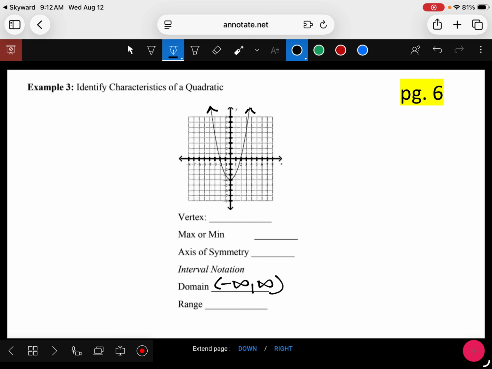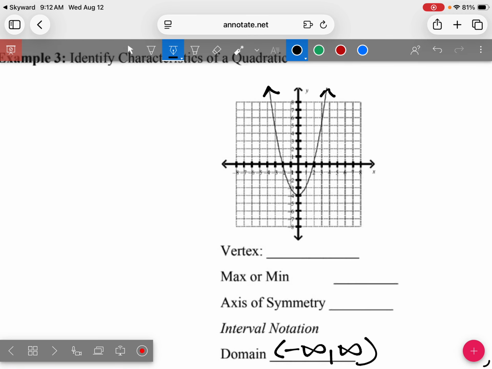Now, notice that this graph is a smile. Because it is a smile, that tells me that the A value is positive. I always like to say A stands for attitude. If your attitude is positive, you're smiling.